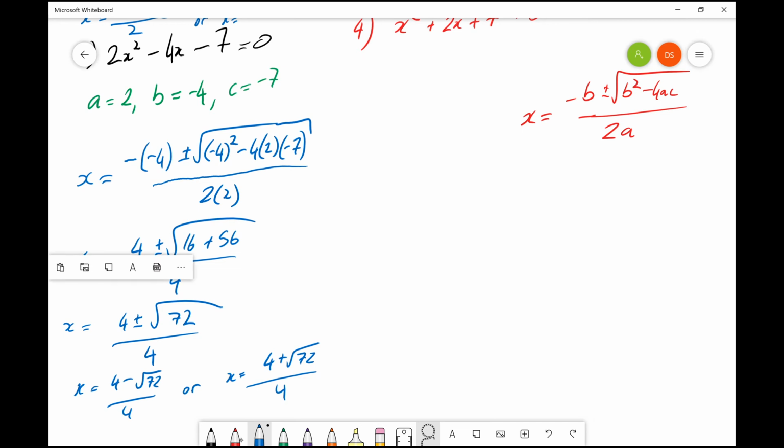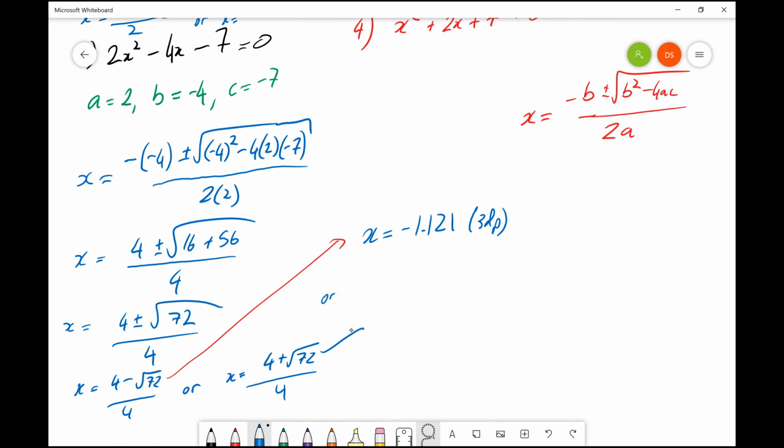Okay, and so we'll go brackets, 4 minus root 72, close bracket, divided by 4. Ooh. X is negative 1.121 3dp, and make sure you write this when you do this. Okay, it's just really good math etiquette, you know.